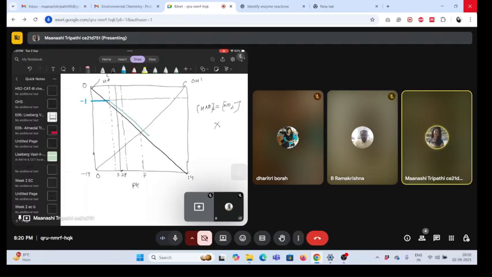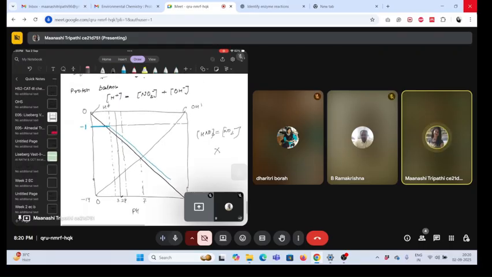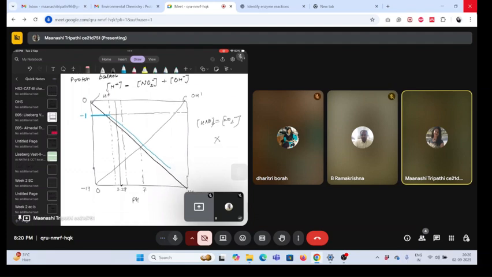Then it's going to go down. Okay. Now what we need to draw is NO2 negative. So we have seen in the previous diagram how we were drawing A negative.